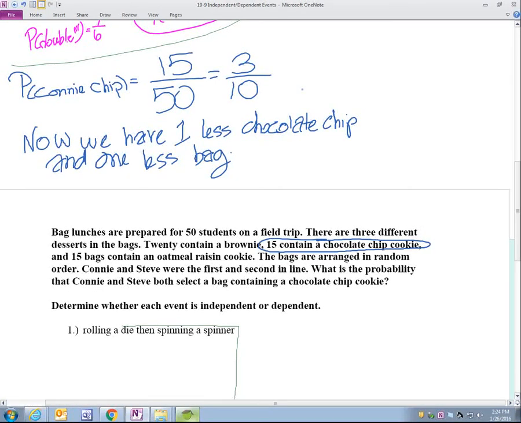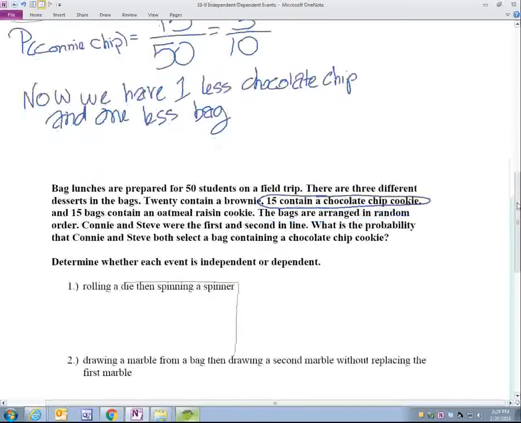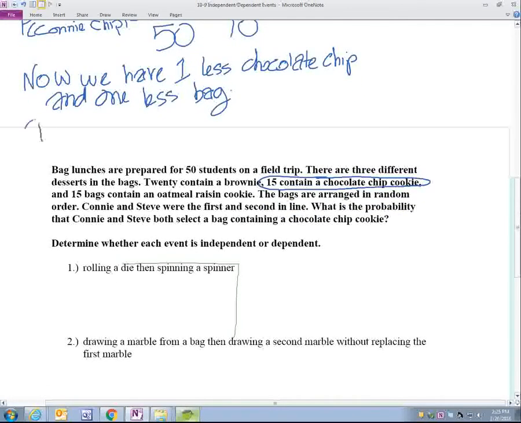Now we have one less chocolate chip and one less bag. So I have a different probability now for Steve. So the probability of a Steve and a chocolate chip. Steve with a chocolate chip cookie.